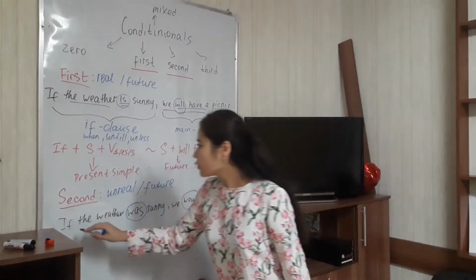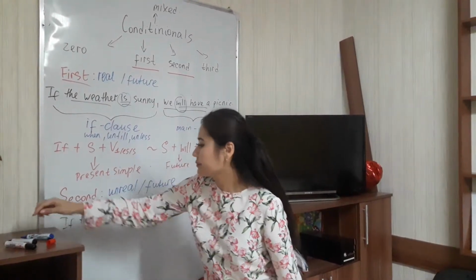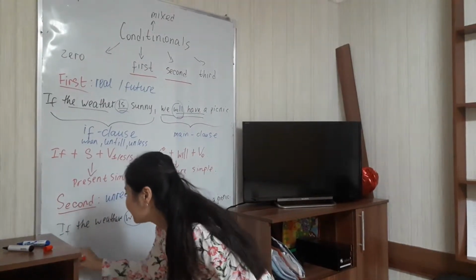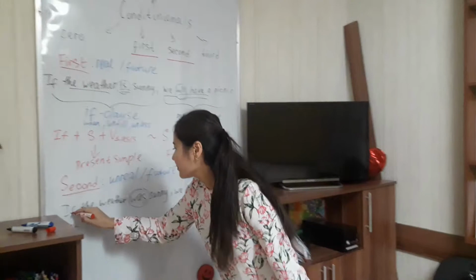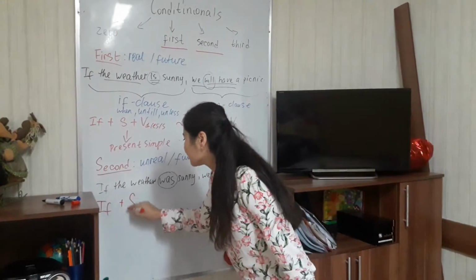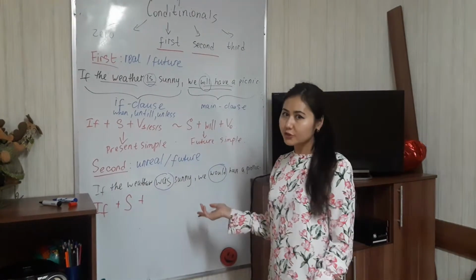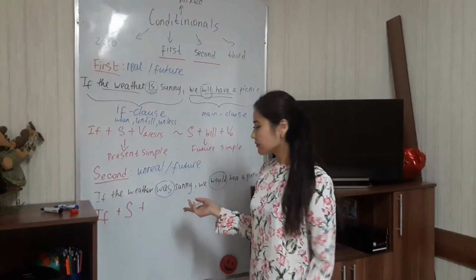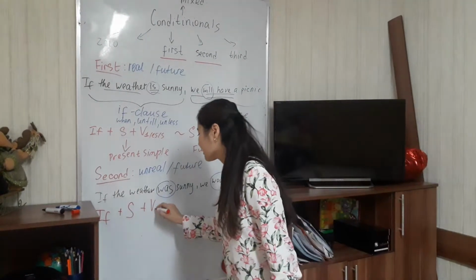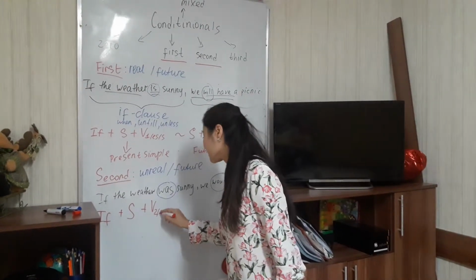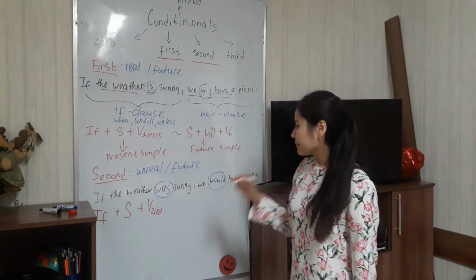So, what tenses are these? If plus subject, this is subject, plus was, what is it? This is verb form 2. Verb form 2, or if it is a regular verb, we take ed ending.